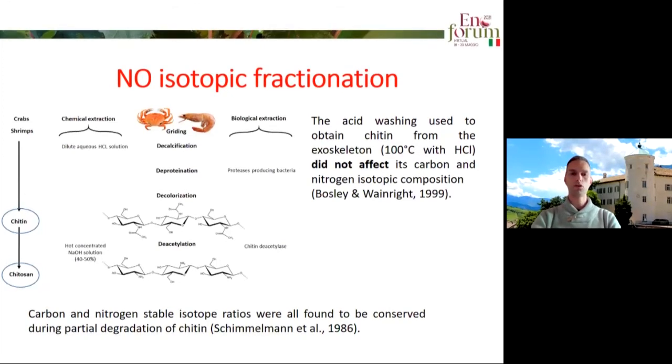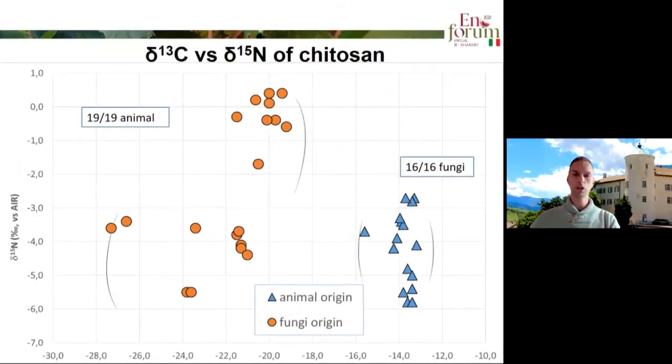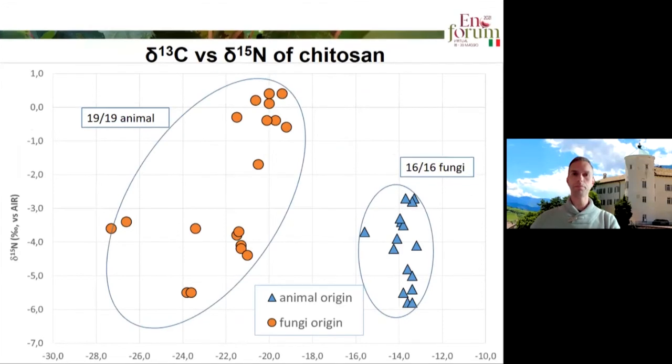Our study confirmed what literature tells us, meaning that in the passage between exoskeleton, chitin, and so forth, we have no alteration of the isotopic ratio, meaning that the reference value that we have in the exoskeleton of animals can be an index of what we find in the chitosan obtained from the exoskeleton of crustaceans.